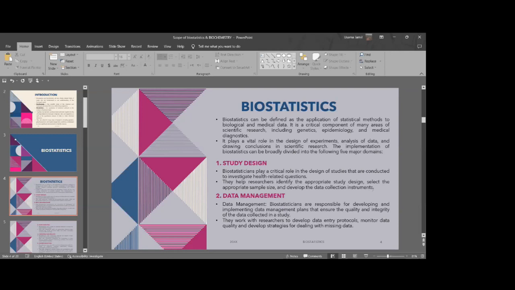These questions help researchers identify the appropriate study design, select the appropriate sample size, and develop the data collection instruments. For each study design, we have to choose a proper sample size. Sample size means, for example, working on research on anxiety disorder in students.